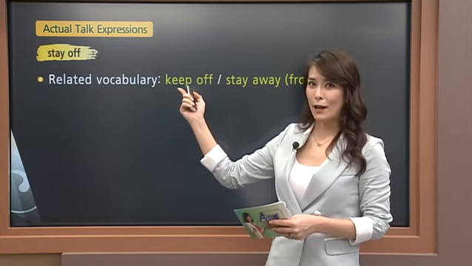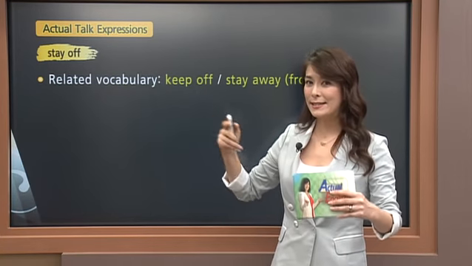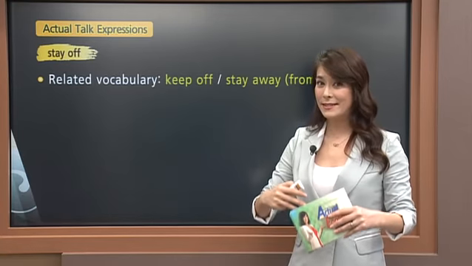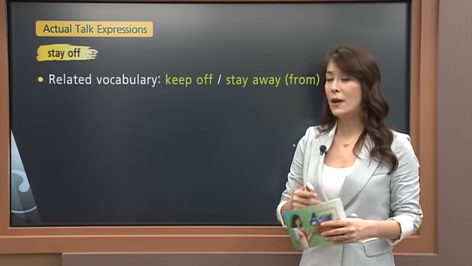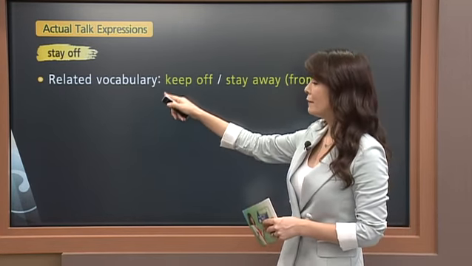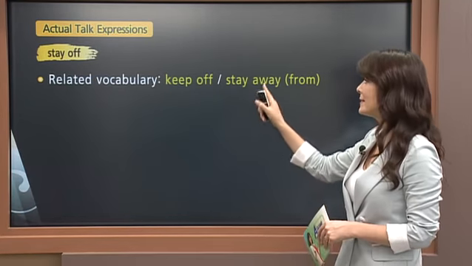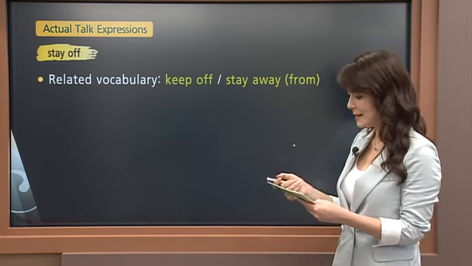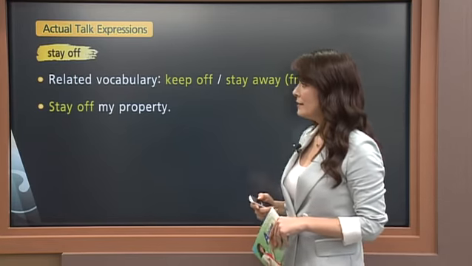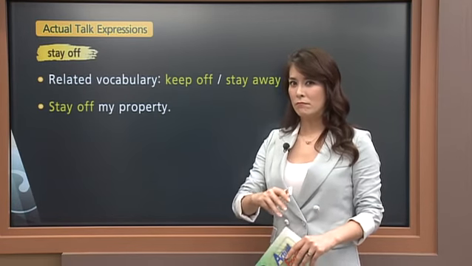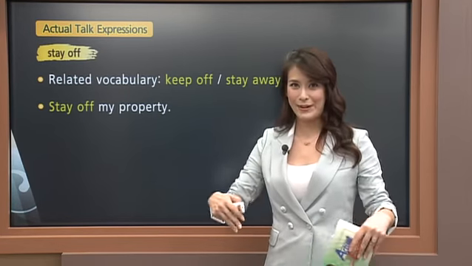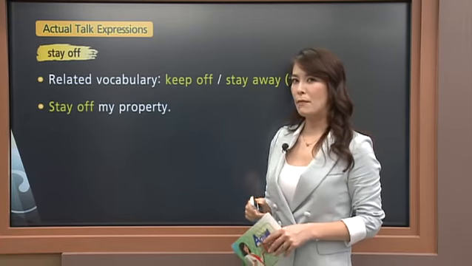And also stay off. What did it mean? Remember, I said stay away, stay off, keep off. They're all very similar. So related vocabulary, keep off. We have stay away from something. And here we go, an example as I did give you. You can say, hey, don't come into my boundary, right? Stay off my property.